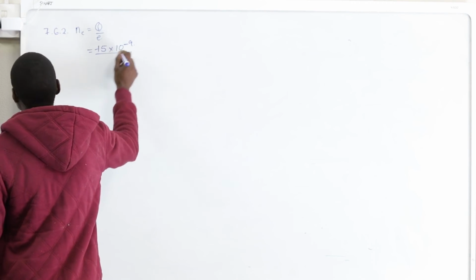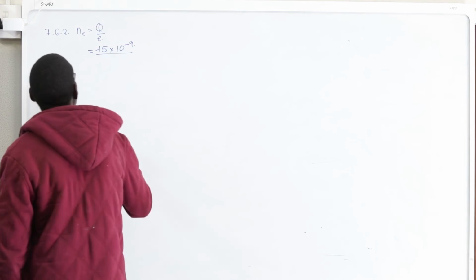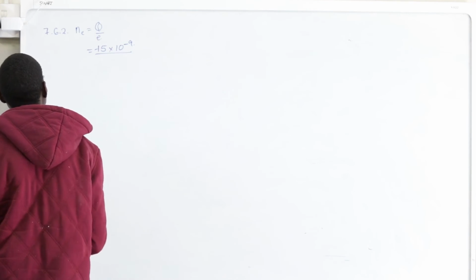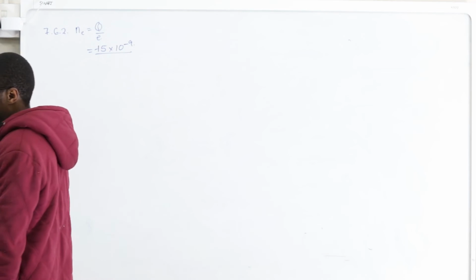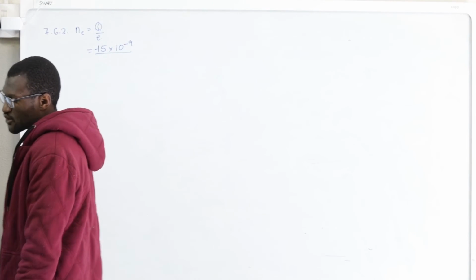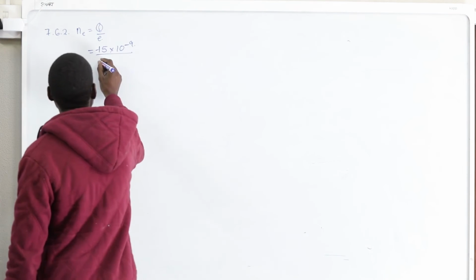That's the charge of the one that has become negative, which is P, that we agreed has increased in mass, divided by the charge of one electron, which is 1,6 times 10 to the power of negative 19.